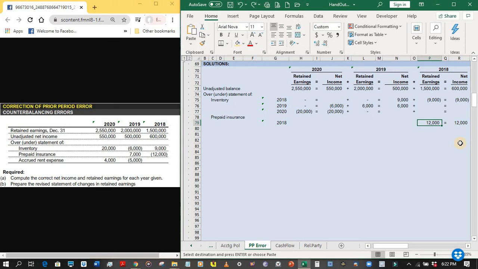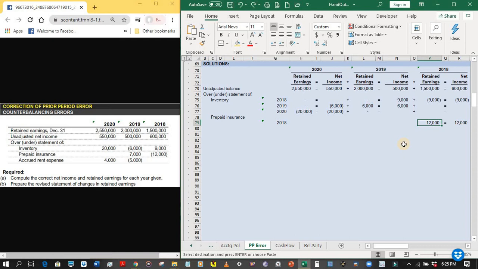And what is the misstatement of 2019 net income? The misstatement in the 2019 net income is an overstatement of 12,000 pesos. So again, in order to self-correct the 12,000 pesos error, an understatement in 2018 will only self-correct by an overstatement of the 2019 net income, so that the retained earnings at the end of 2019 is already correct because of the offsetting of the understatement in 2018 and the overstatement in 2019.